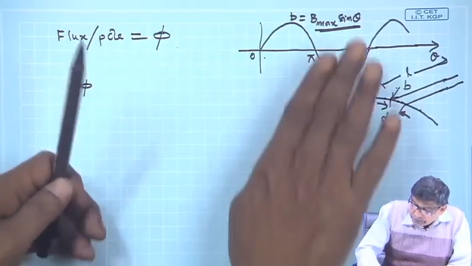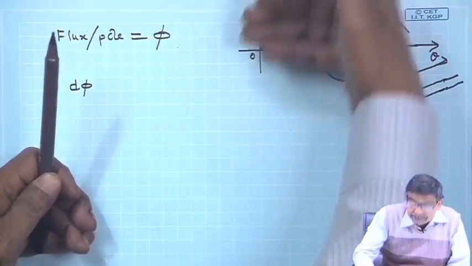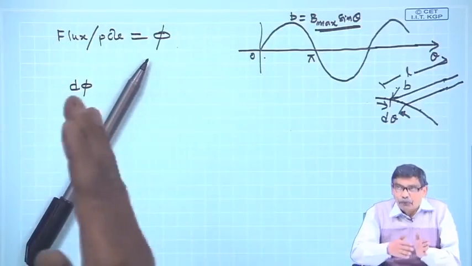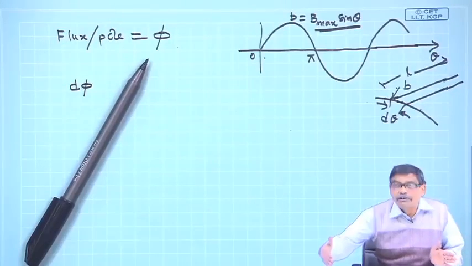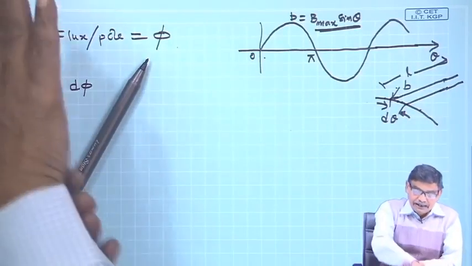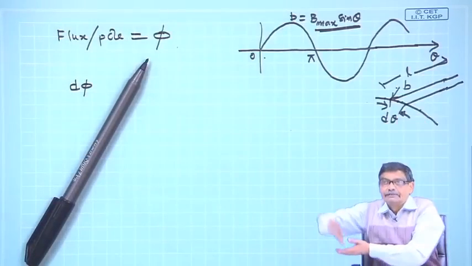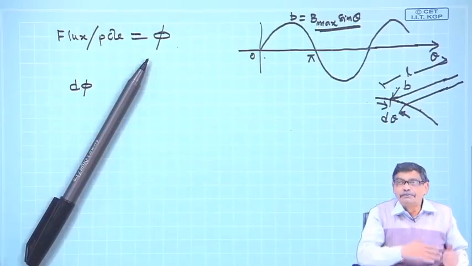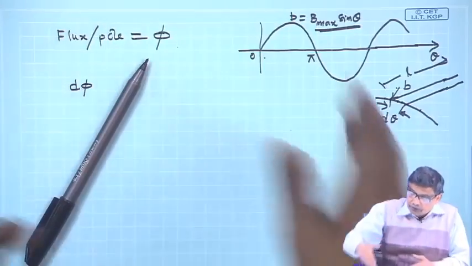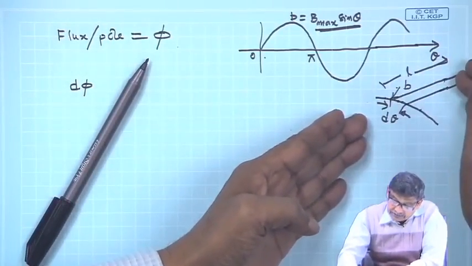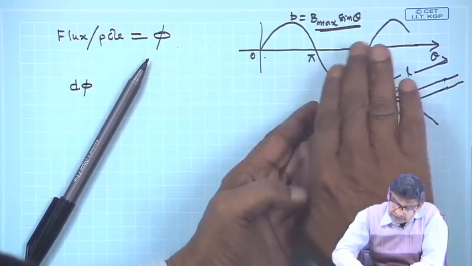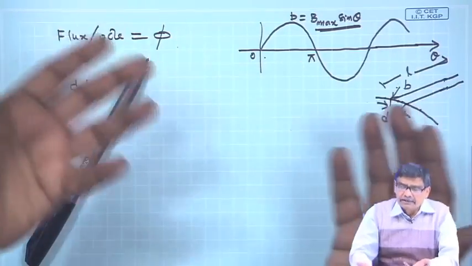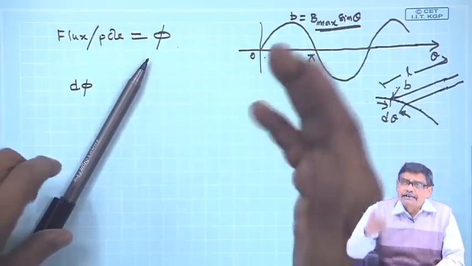This B distribution, in the sectional view, is like a wave spanning over the length L, like water waves in the sea. All along the length at a particular position, it will have either a trough or crest or any instantaneous value.